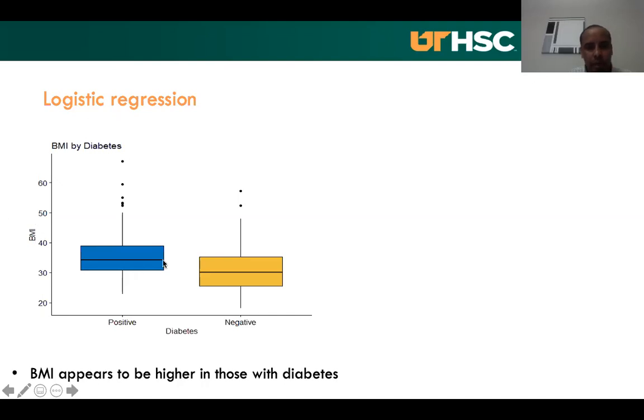And here we have the median, and these are the range of the values for BMI. If we compare these two box plots, those who tested positive for diabetes have higher BMI. So it's worth examining the association between BMI and the risk of diabetes.